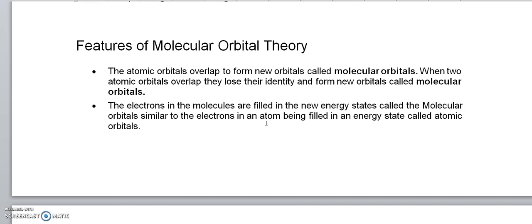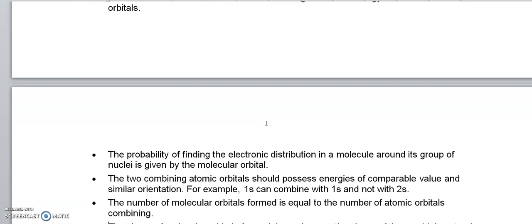For example, in an atom it should first fill 1s, then 2s, etc. Similar to this, in molecular orbitals the orbitals are sigma 1s, sigma star 1s, sigma 2s, sigma star 2s. It should fill in that order.